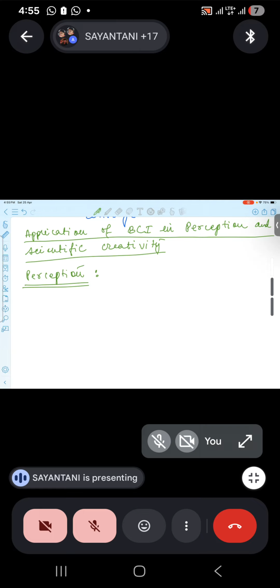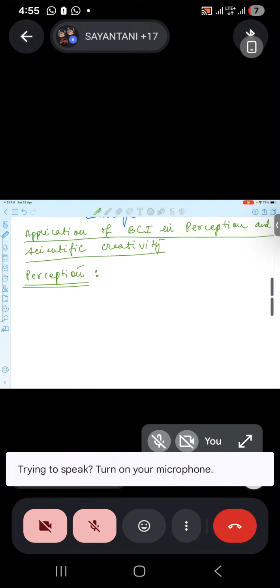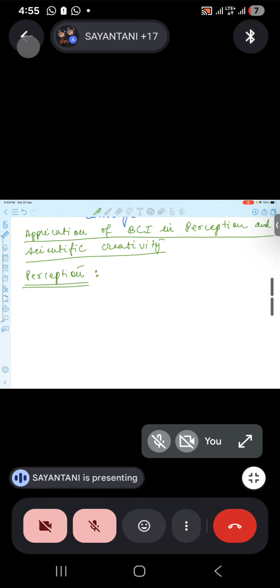So what are those 5 sensory organs? Everybody knows that? Response, please. What are the 5 sensory organs of the human body?